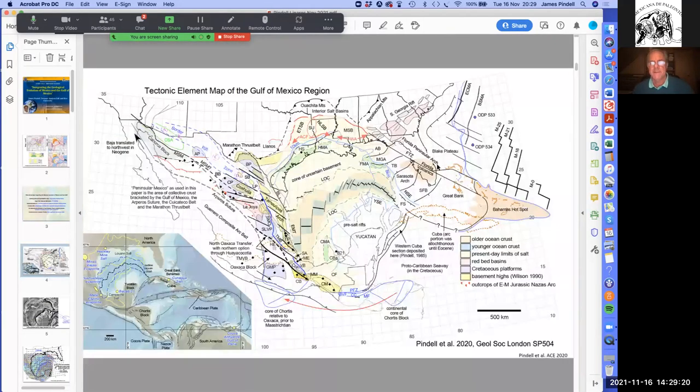Okay, so here is a map. It's a complicated map. It has a lot of information on it. Some of the main things to pay attention to are that there is a big fault down the axis of Florida. And on the west side of this fault, we have a basin called the Mississippi Salt Basin. And then there's the Wiggins Arch, which is a basement high.